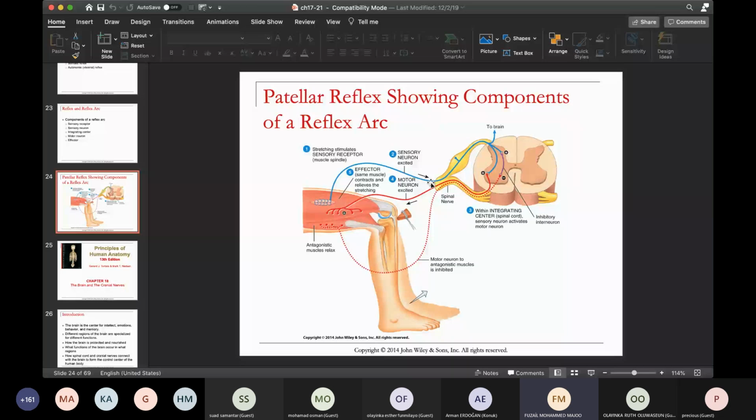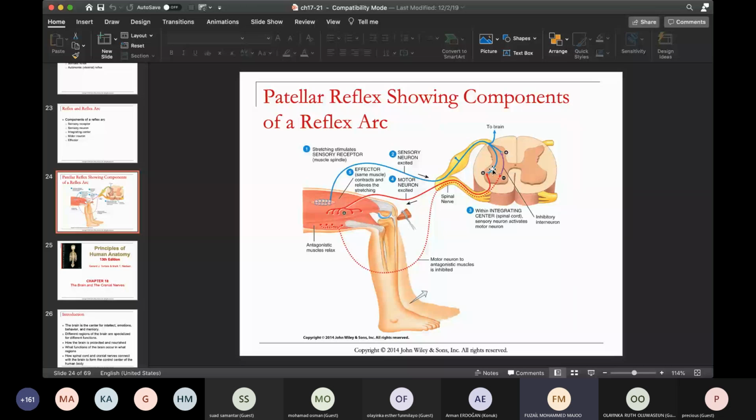The brain feels it and decides what to do with it. However, if the stimulus is strong enough to trigger these sensory receptors, then the signal not only goes to the brain, but even before this information reaches the brain, it arcs around over here. This part is the integration center.